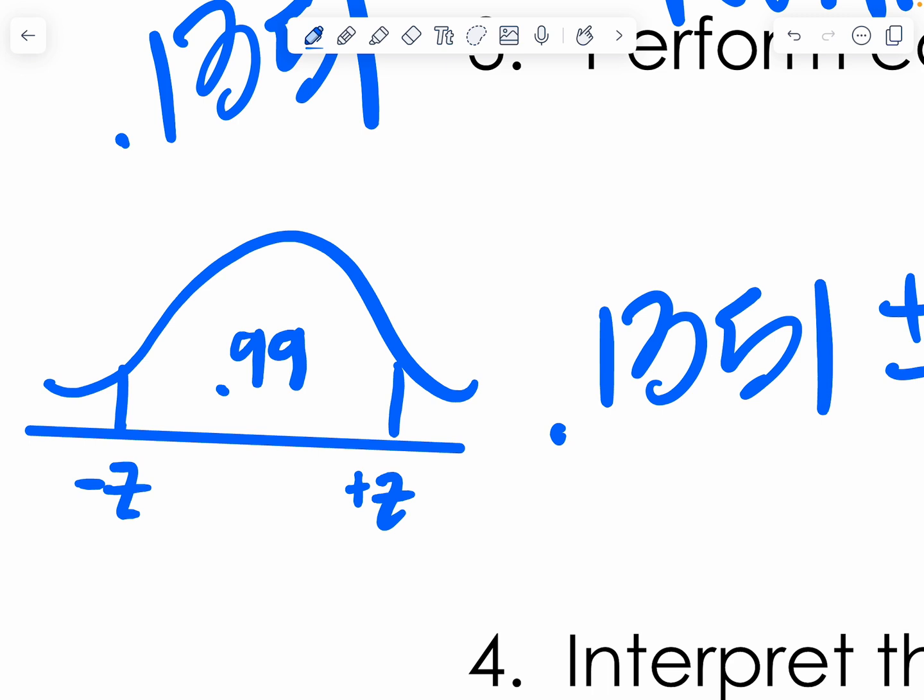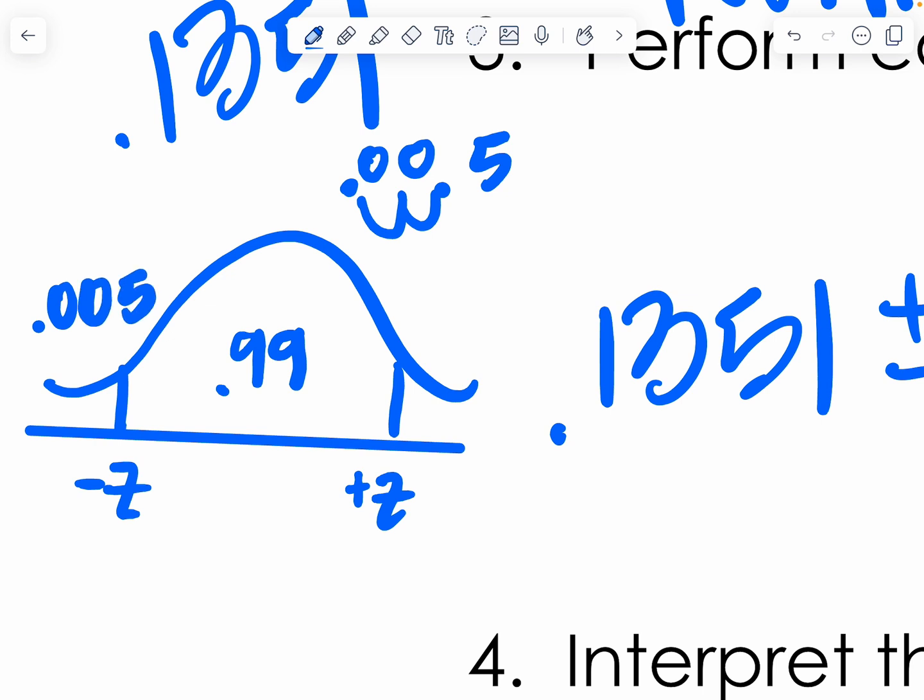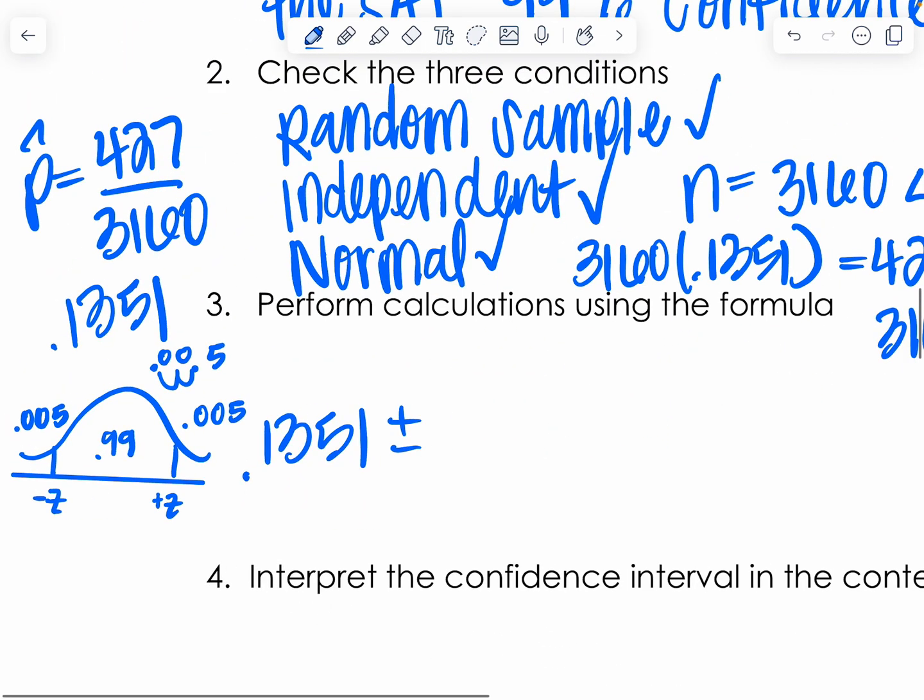Half of 1% is 0.5%, but we have to move that 2 over. So this will be 0.005. Okay. All right, so 99%. So we've got 0.005 that comes together to be 0.01, which adds with the 0.99 to make 100%.